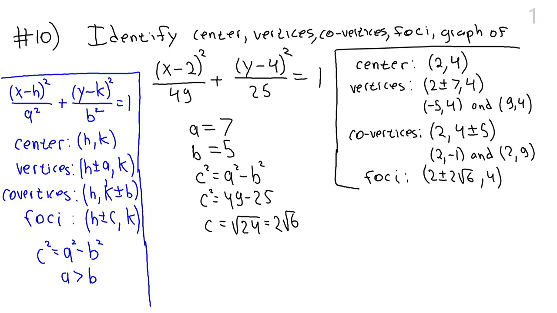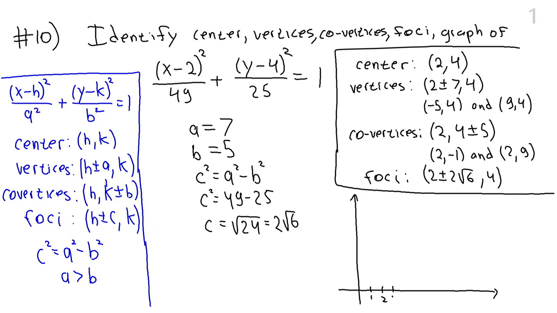So this is all the information that we extracted simply from figuring out what is a, what is b, what is c. And now we're going to graph it. The first thing that we put on the graph is the center of our ellipse.